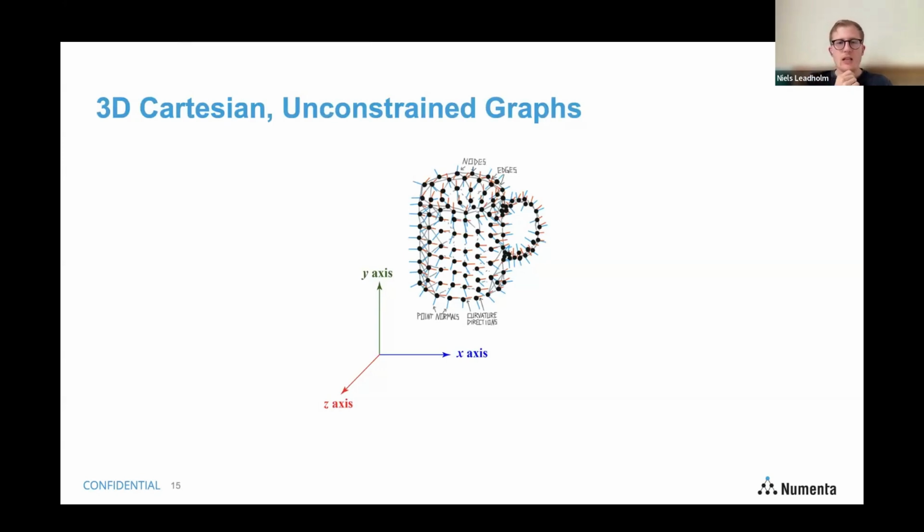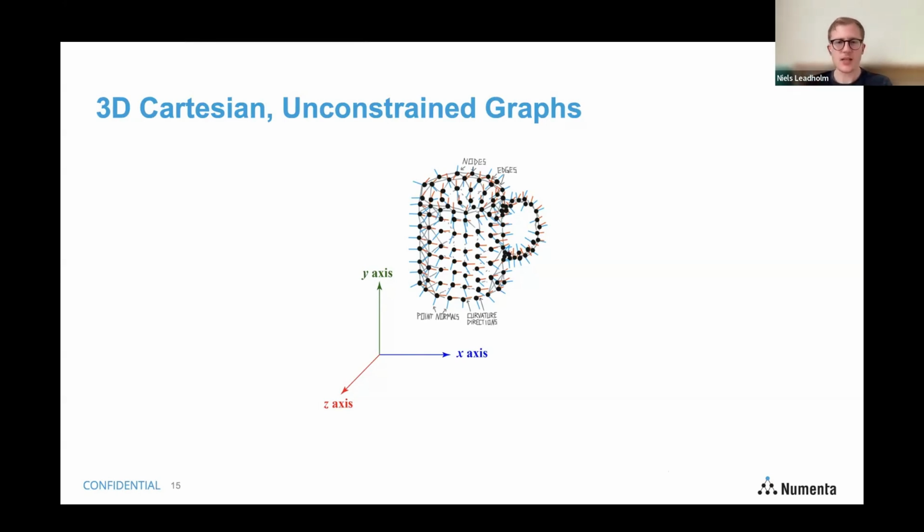Again, in the document, I go through all the pros and cons. First, I'll just talk about this, which I think everyone's familiar with. We're explicitly representing these points in the graph in some kind of XYZ coordinate system, and each point in that graph has some information associated with it.